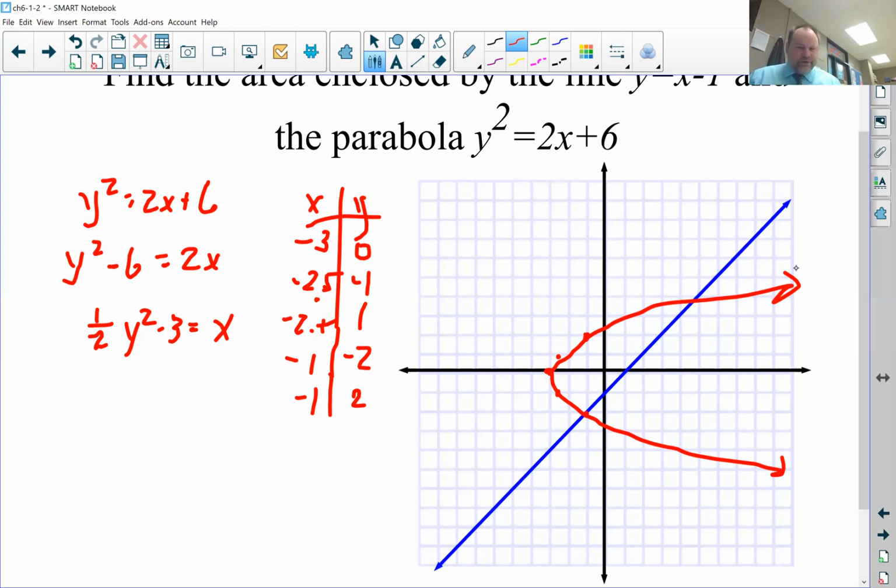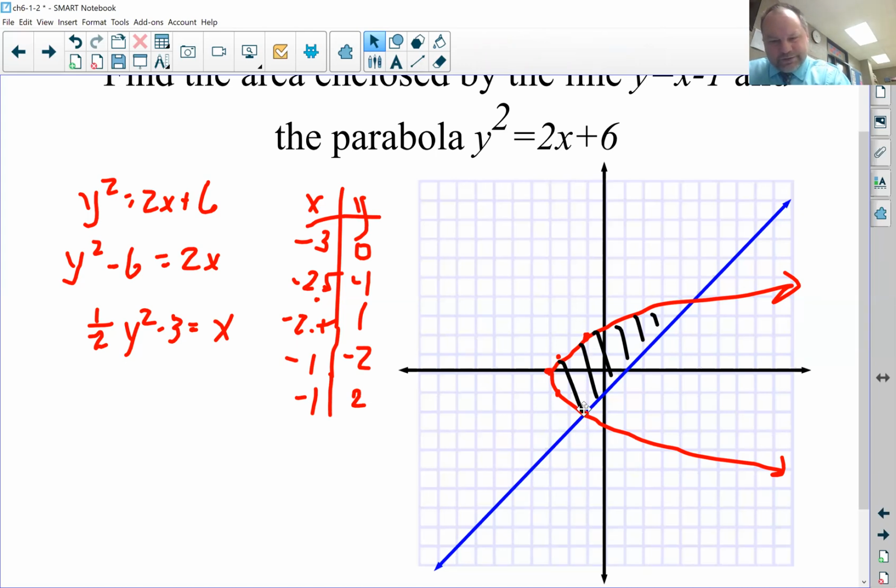And we want to find the area in between. So there are a couple of ways to do it, and some work better than others. You could look at the graph in two pieces.